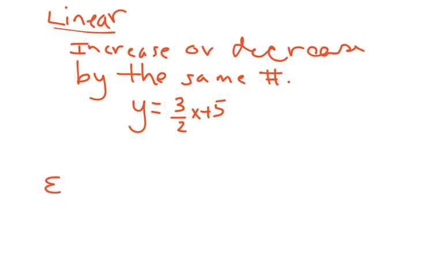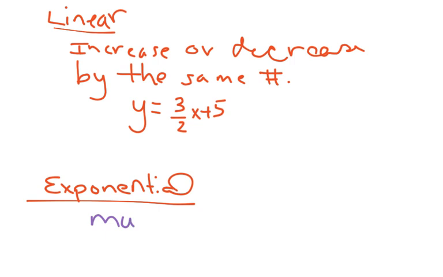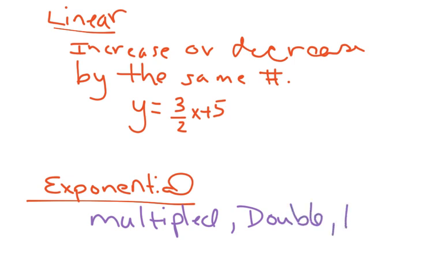In exponential, some key words here, you would see it's multiplied by. That's one way. So you might see the word double, triple, half-life. Those are all multiplied.